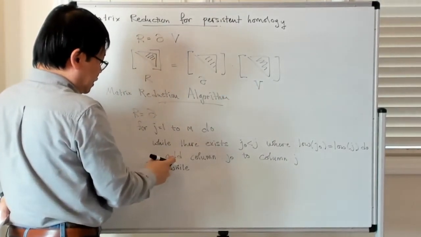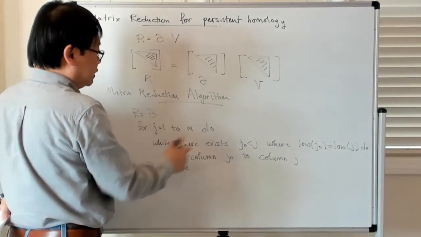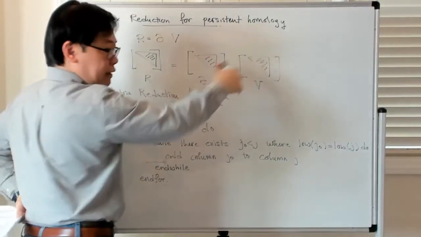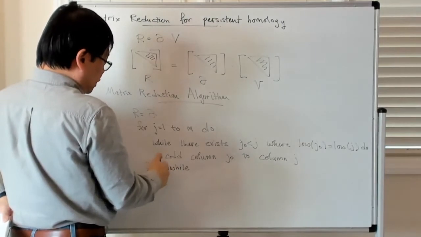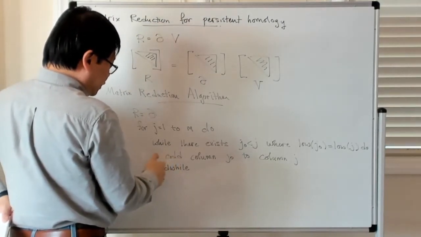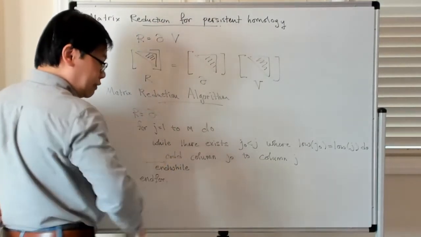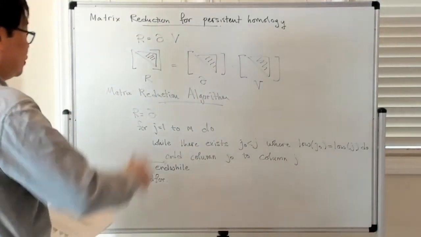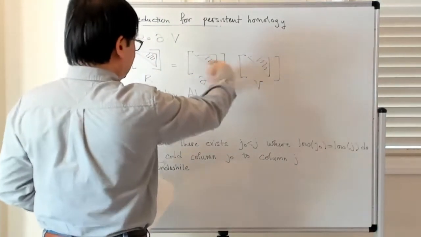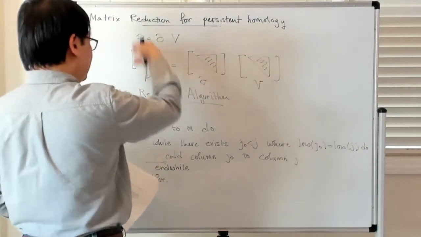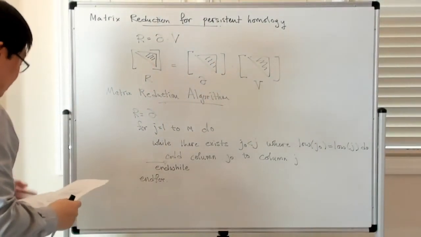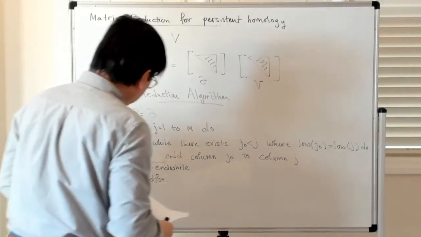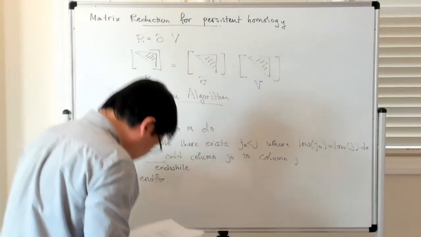Then you would update V by remembering what column operations you were applying to the boundary, and just keep track of that. So you could update V from the identity to whatever ends up transforming the boundary matrix to R. I won't go into those details, but that's something one can keep track of as well.